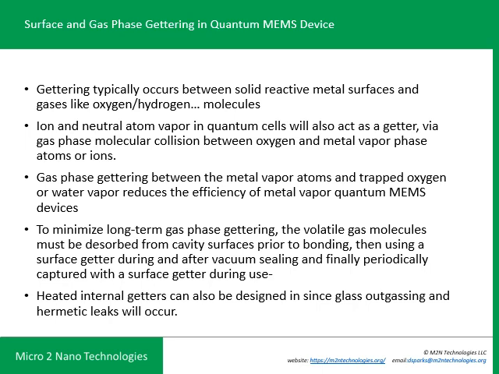You can bake some of them off, but the bottom line is there's going to be some still trapped on those surfaces. When you bond the wafers together and form a vacuum seal, they're going to desorb and fill the cavity with a low pressure gaseous atmosphere. So these are eliminated through internal getters. The heat of the bonding process or a post-bond anneal can get rid of these, and you can electrically heat the getters as well to keep continuously purging the cavity of gases.